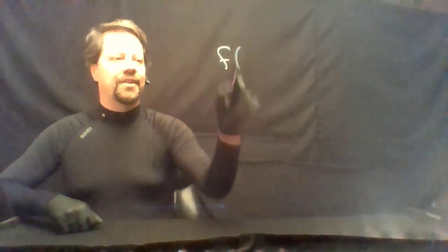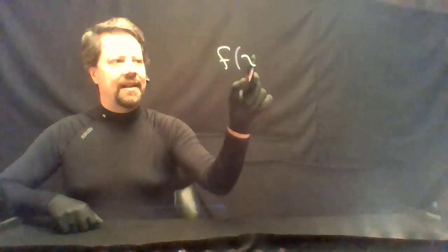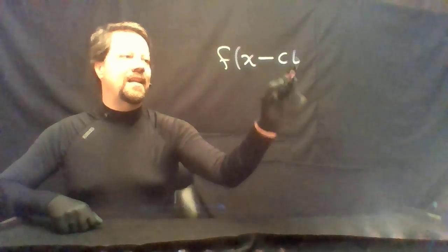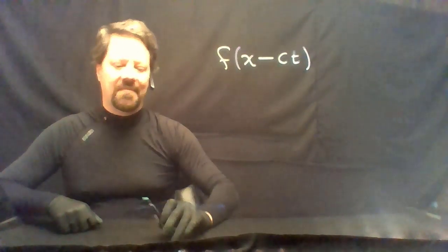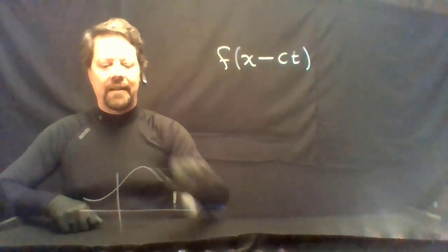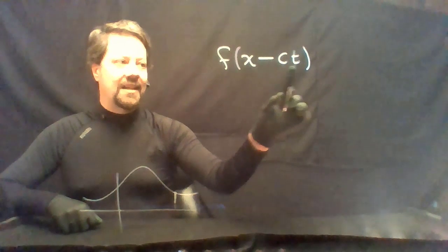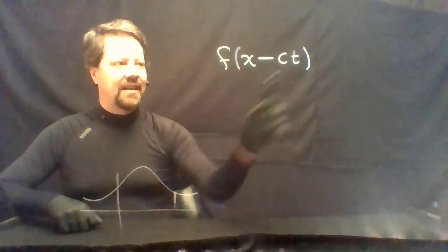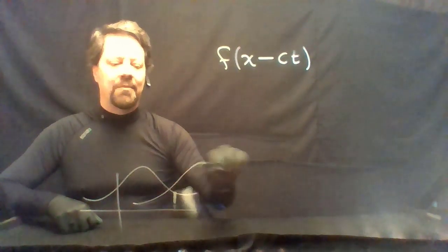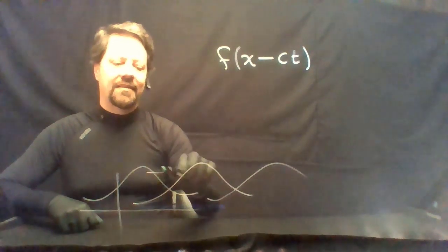Suppose I have a function evaluated at x minus ct. Whatever the wave profile of that function is, I'm translating it ct units to the right. As time goes by, it'll be more and more translated to the right.